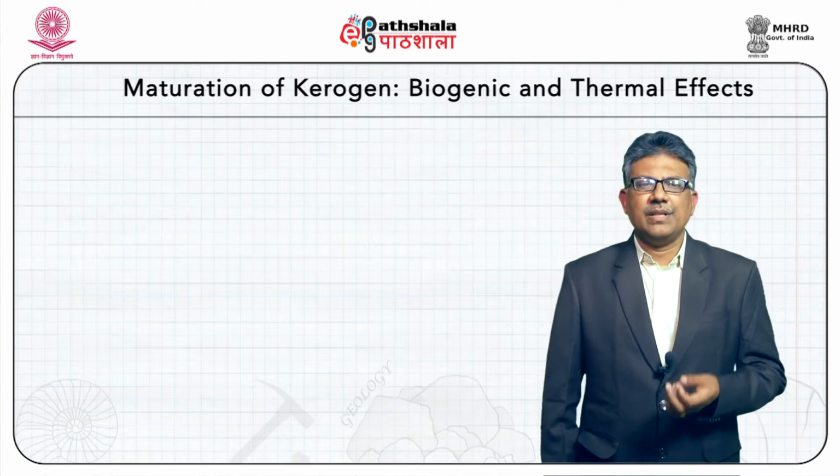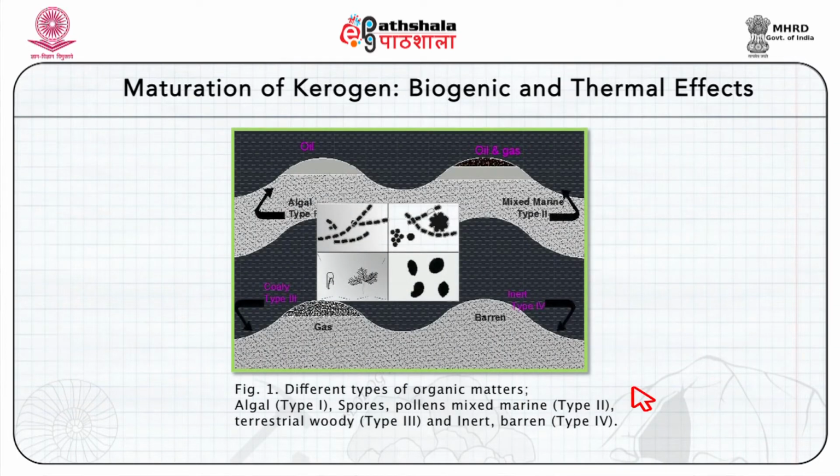Now, you see in this diagram the different kinds of organic matters, that is algal, which we call type 1, where you get the spores and pollens, they are shown. Then type 2, that is the mixed marine, then type 3, that is the terrestrial woody, and the inert, what we call the barren, that is type 4.